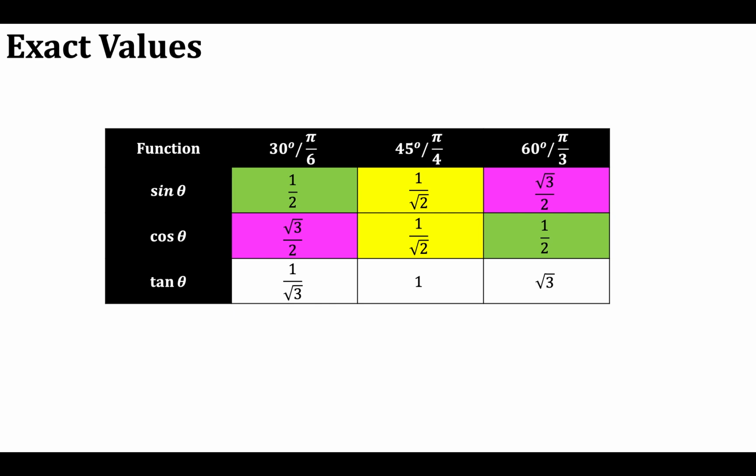So I suppose if you could just learn the sine values, that gives you cos backwards, and then you could work out the tangent ones, but it would cost you time in an exam situation, so you're better just knowing all 9 of them as best you can, and we'll test you in that in class and make sure that you know them just at the click of a finger.